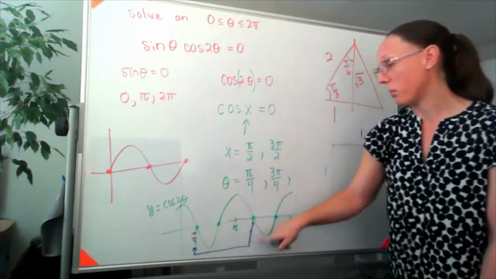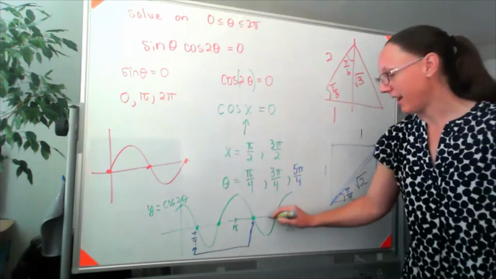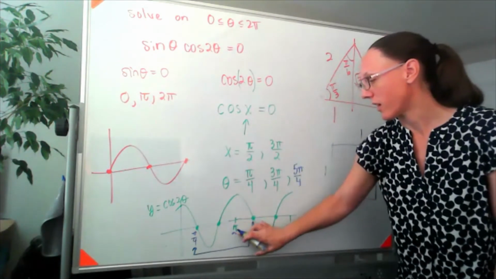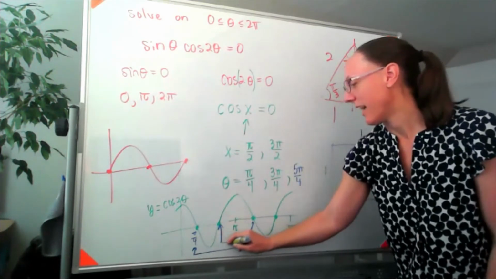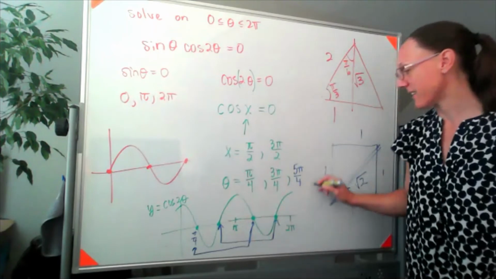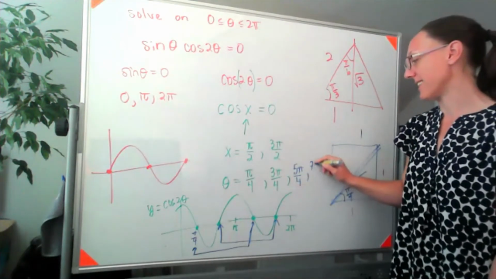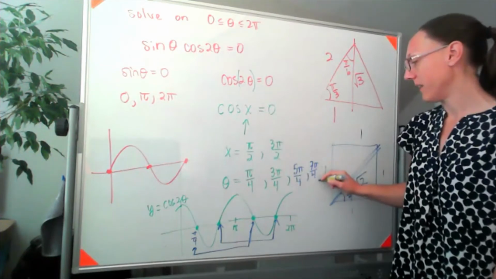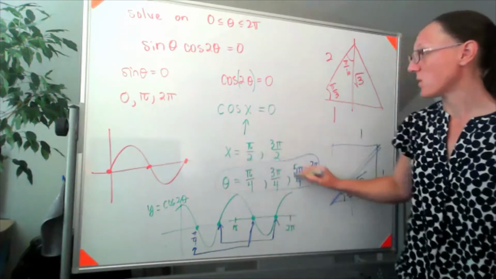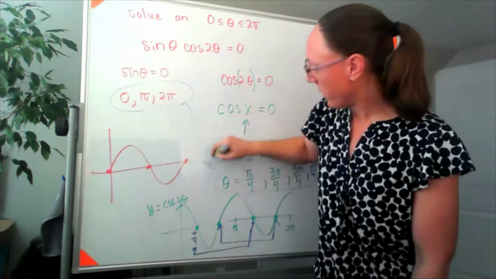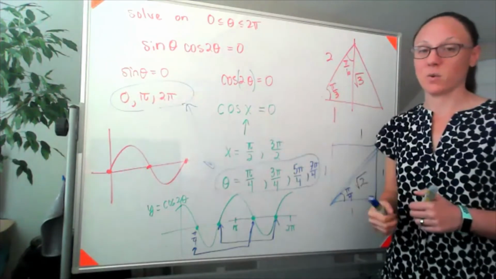So pi over 4 plus another pi gives me 5 pi over 4. And if I take the 3 pi over 4 and add one more period, 3 pi over 4 plus pi brings me to 7 pi over 4. So my answer to this question would be all of these values and all of those; all of those are solutions.